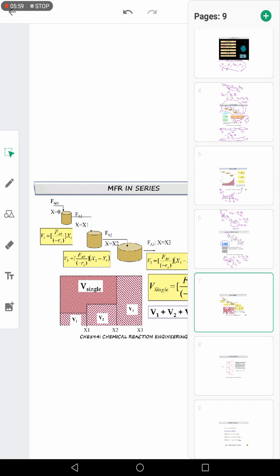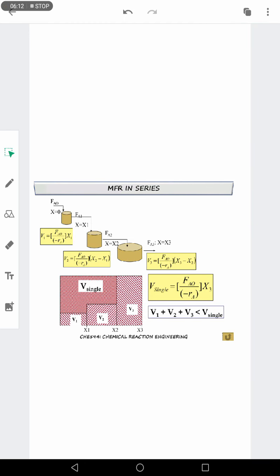So from the calculation side, what we did just now was calculating arithmetically. Another way of calculating the volume is by plotting the graph.